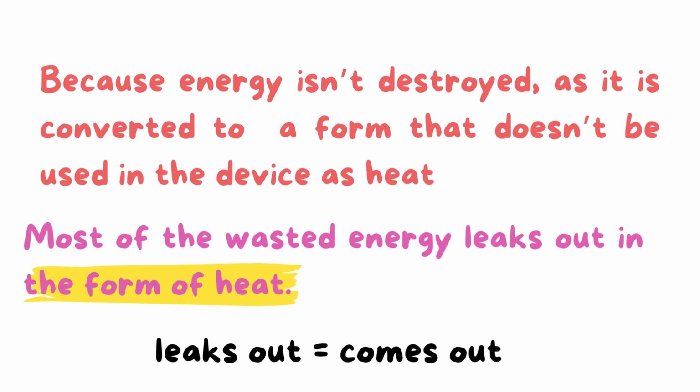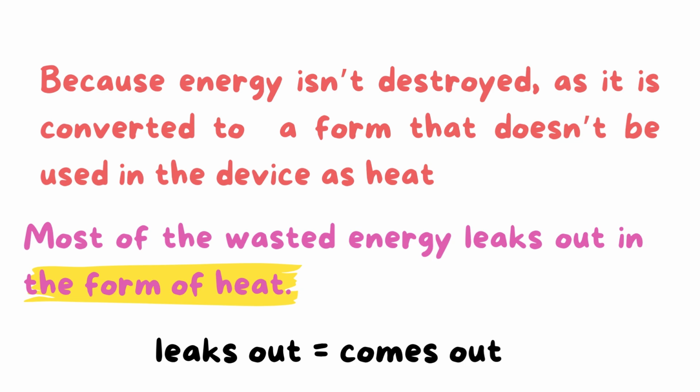And because energy isn't destroyed as it is converted from one form to another, this wasted energy, most of the time in the form of heat, is not used to operate the device, and the unused energy will be in another form like heat.